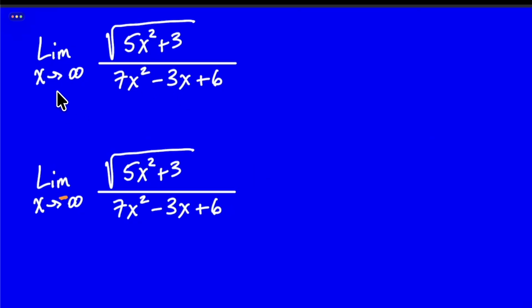Next, we have this limit, and we're going to do it both with x going to infinity and the limit as x goes to negative infinity. Okay, so we see the radical there. We're going to divide top and bottom by the highest degree in the denominator. So we're going to divide by x squared on the bottom, and on the top we're going to multiply by 1 over x squared, and we're going to insert this into the radical.